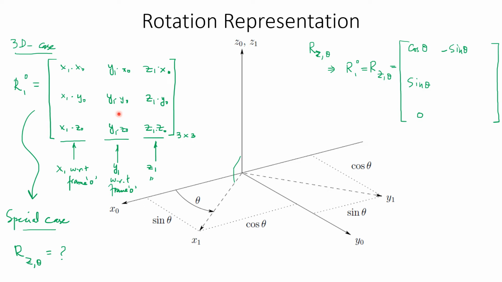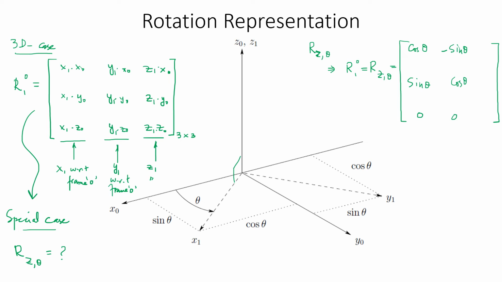Similarly, y1 dot y naught, this is how y1 is positioned corresponding to y naught, and that obviously is cos of theta. So I'm going to write that one down, cos of theta. The last term is y1 dot z naught. So y1 is heading this way and z naught is upwards, and that's also 90 degrees between the two unit vectors. So that is going to be equal to 0.